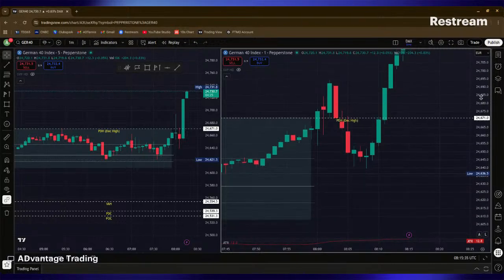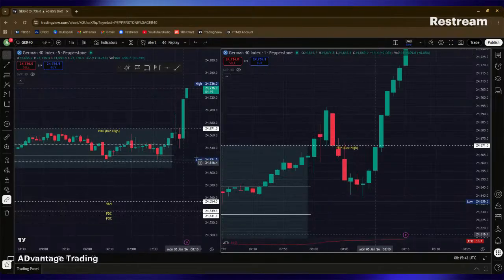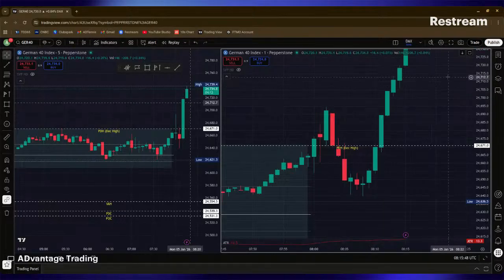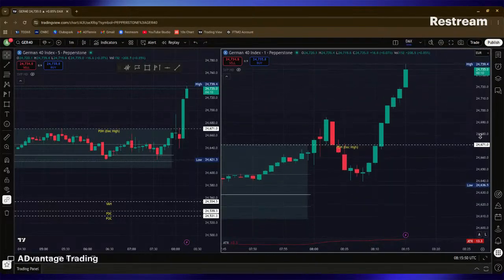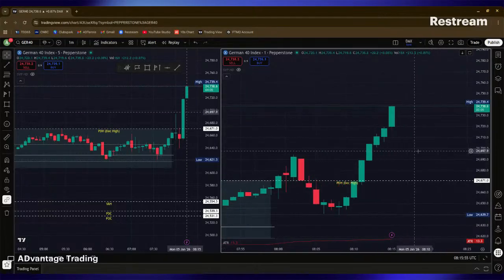But this sort of thing of the market testing either the overnight value area or the previous day's value area before really moving and choosing direction, that's going to be maybe our most common and popular setup of these next few months.